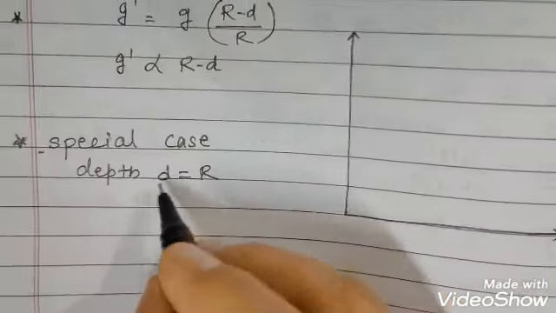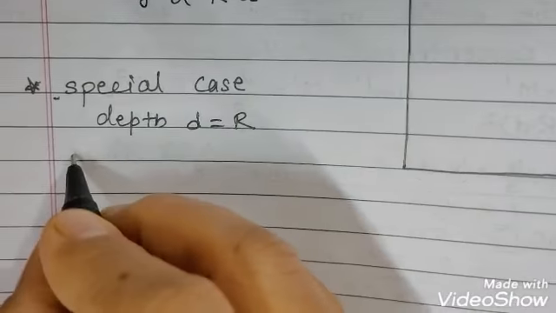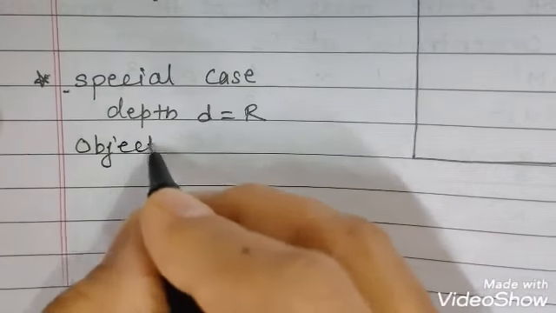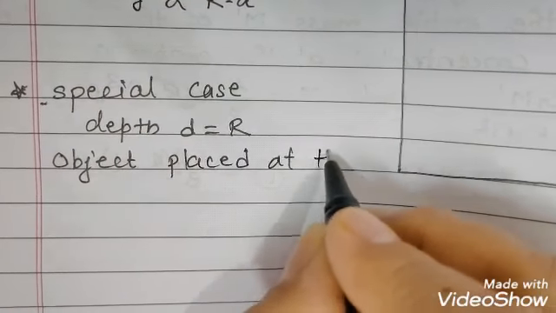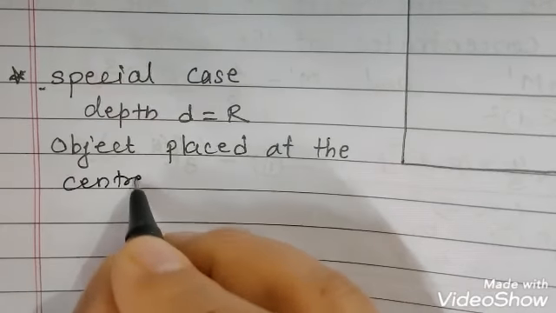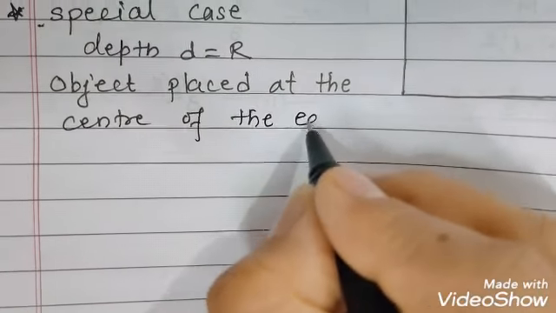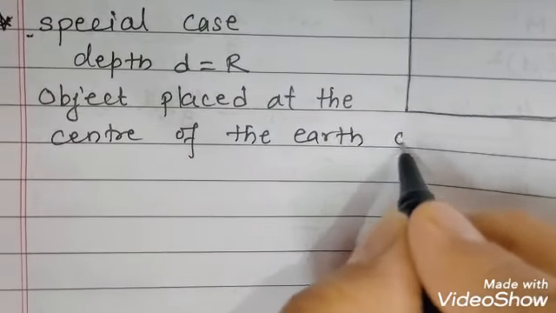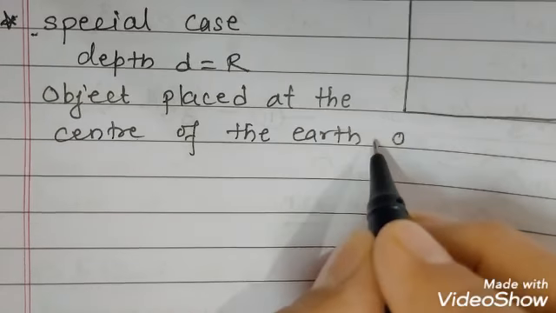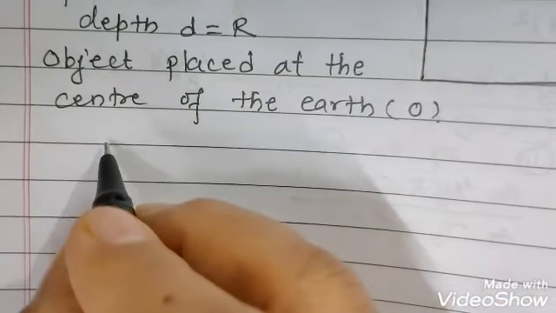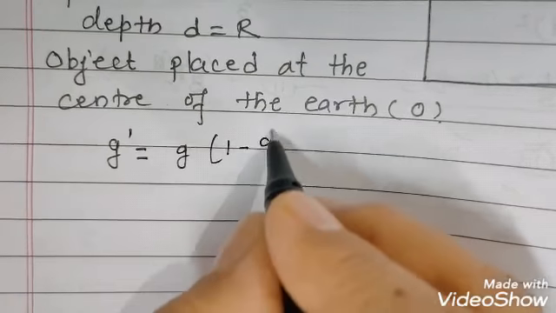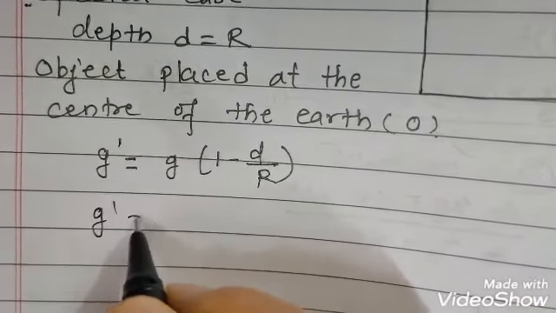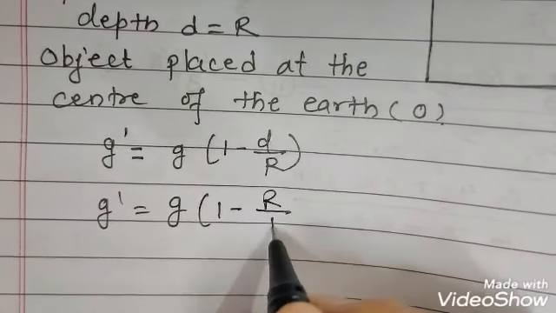So here we'll see the special case that the depth d equals r, or we can say the object is placed at the center of the earth, at point O. In this situation, from the formula g dash equal to g into 1 minus d upon r, g dash equal to g into 1 minus r upon r.